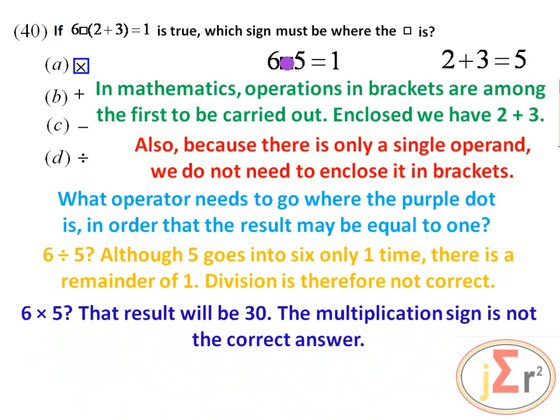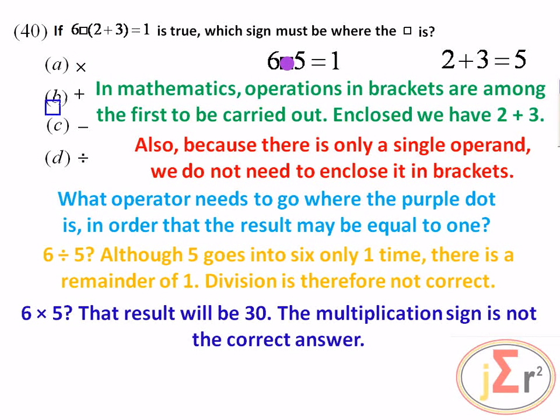No. 6 5s? 30. Right. 6 times 5, that result will be 30. The multiplication sign is not the correct answer. Because 6 5s are equal to 30, we are sure that that's not correct.